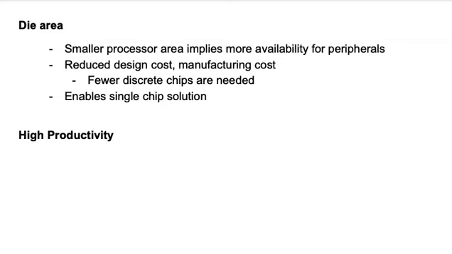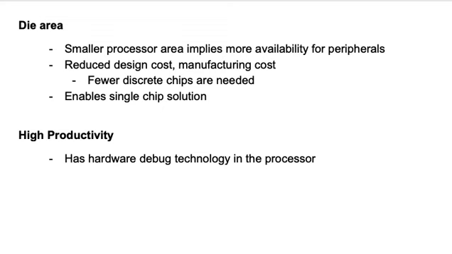The ARM processor has to have more and more functionality embedded in itself so that there is less need of different discrete chips. Thus, with a single chip solution and minimal die area, the embedded system is much more economical.